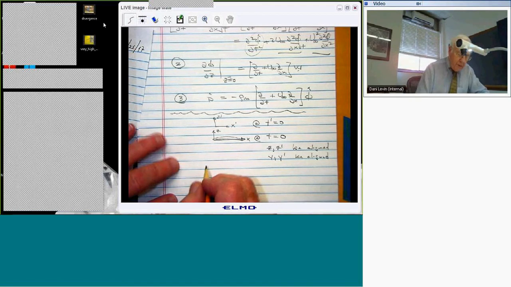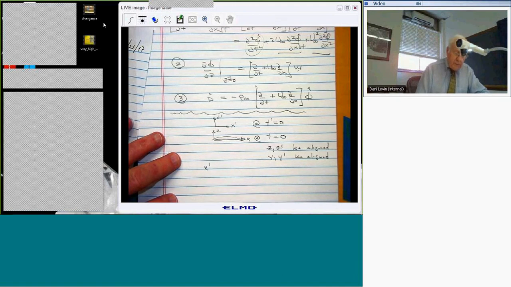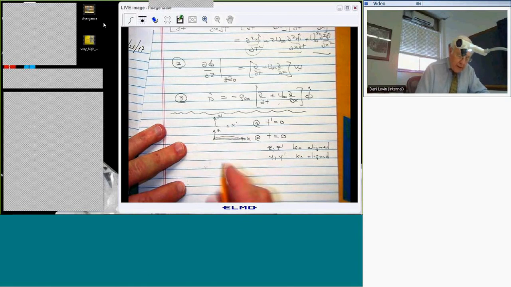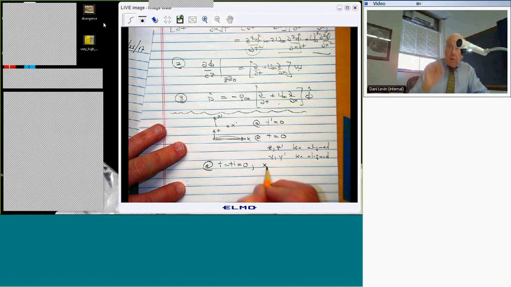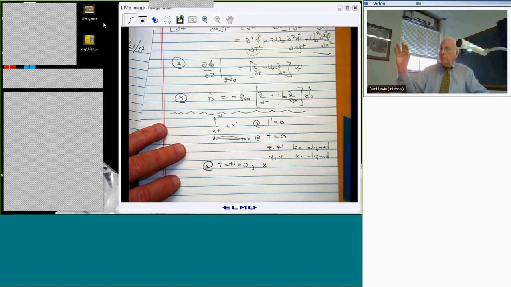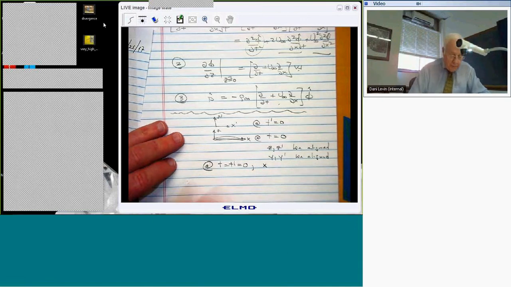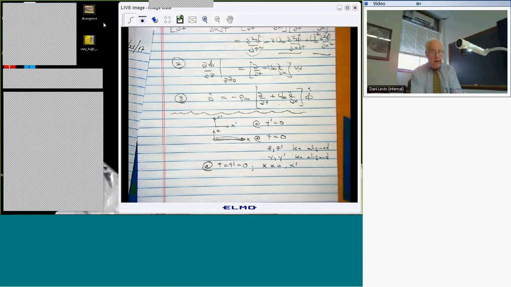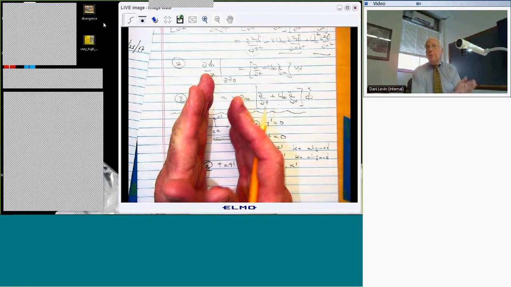So let's write down the following. At time t equals t prime equals 0, but only at that time, we're going to start off so that X and X prime are both 0. Everything's lined up at time t equals 0, and then the airplane begins to move.